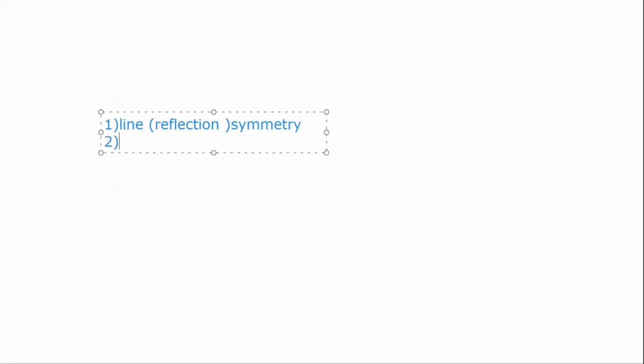The first one is called line symmetry, or some books and websites call it reflection symmetry. It is the same, line or reflection symmetry. And the second kind is called rotational symmetry.